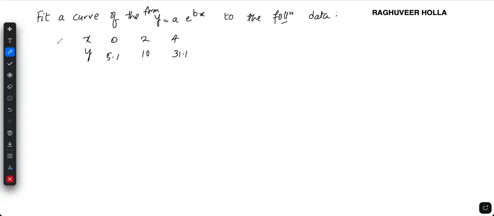As you can see, n is 3, the data is 3 here. So y is equal to a e to the power of bx. Now we have to form this into the equation of a straight line, which is y is equal to ax plus b.